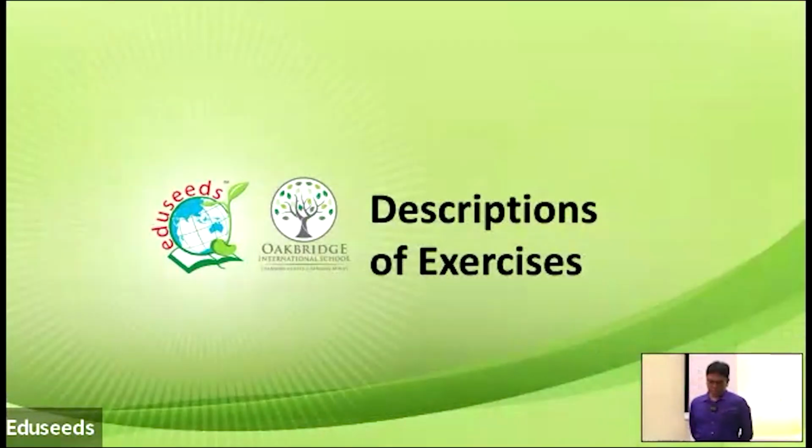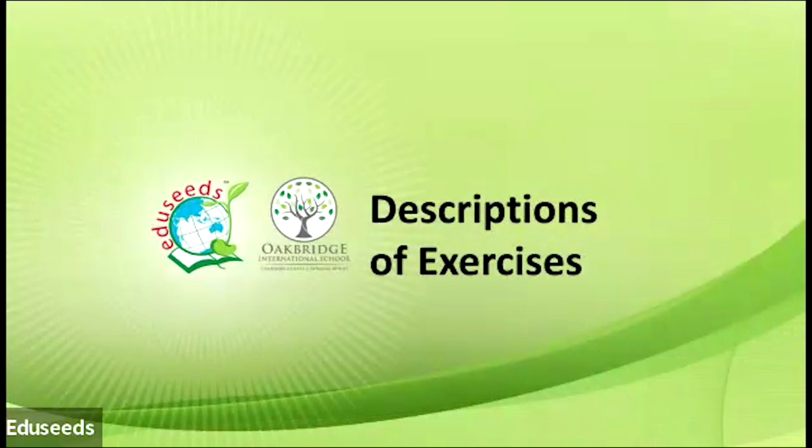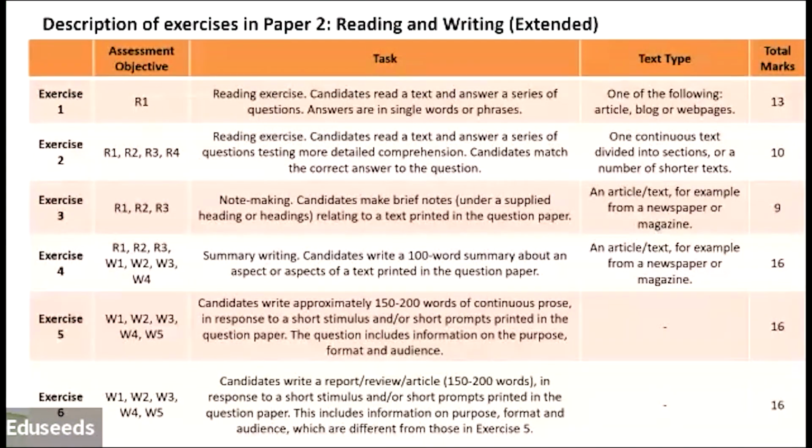Moving on to the next section, descriptions of the exercises in your ESL paper. All right. For exercise 1, we can skip the assessment objective column. For exercise 1, it is a reading exercise. Candidates will read a text and answer questions based on the text.